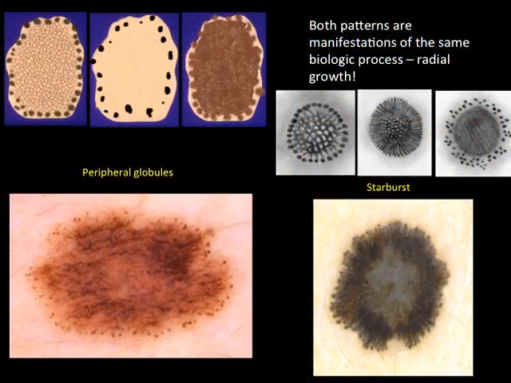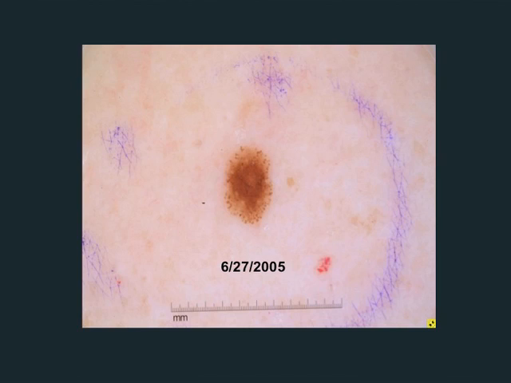On a biologic level, both the peripheral globules and the streaks represent the same process, which is radial growth of a tumor. In a nevus, in a benign lesion, if you actually follow this lesion, this is what's going to happen over the course of time.